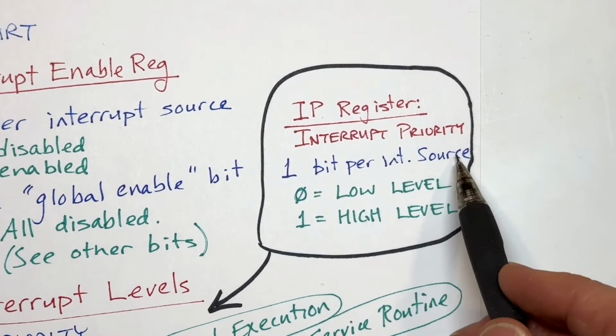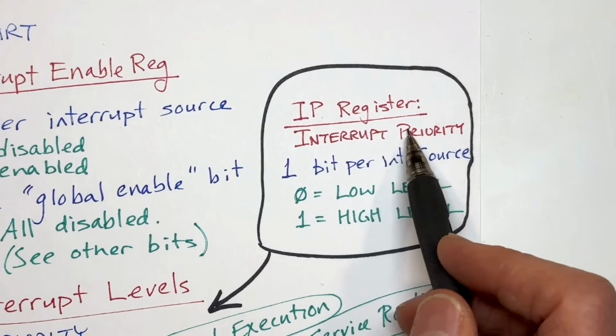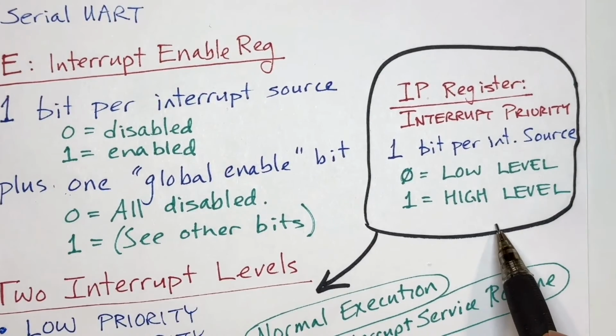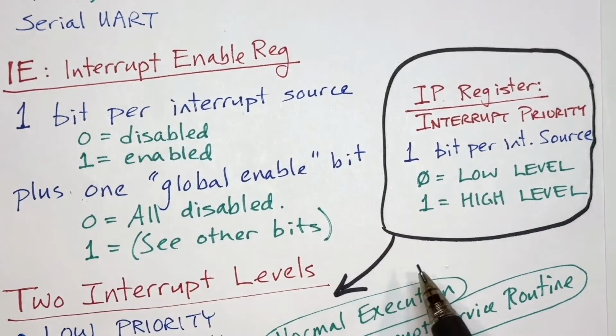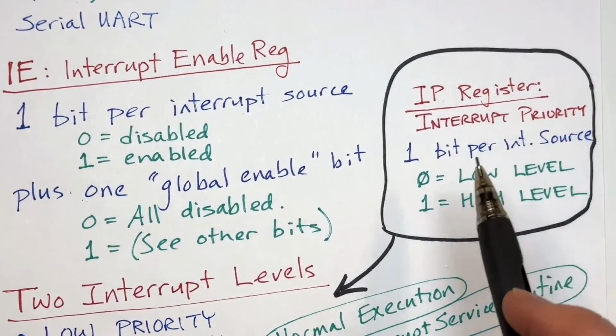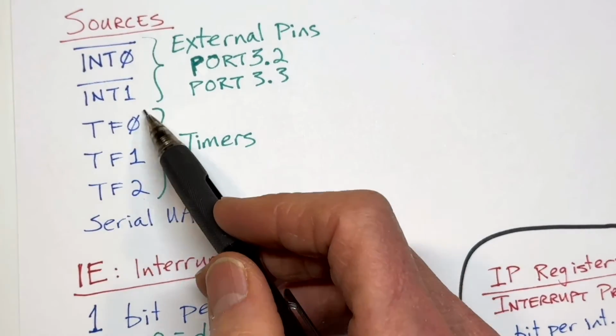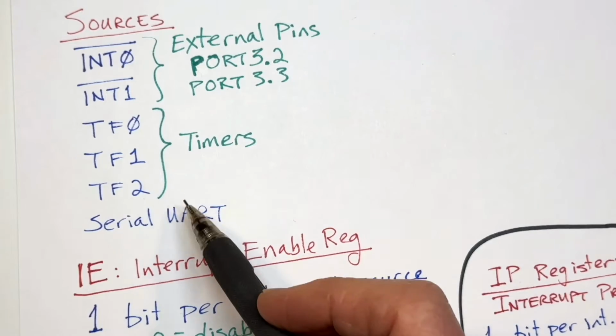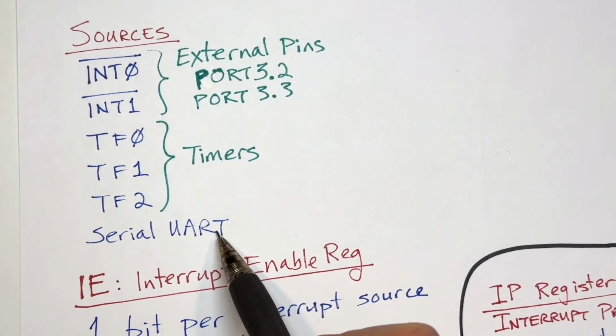There are 6 bits defined in this register and 2 undefined bits. That's how you initialize the register to determine whether each of these interrupt sources will run as a high priority or a low priority interrupt.